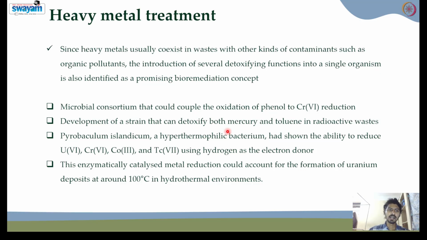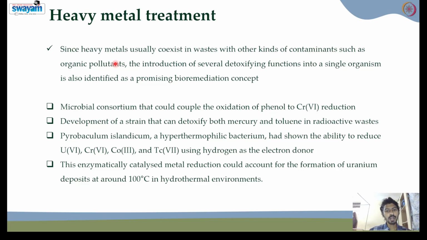So if you see the heavy metal treatment, as we have discussed different strategies, mainly in the cleaning up of metal or radionuclide pollution from the soil, water, or any industrial wastewater, they use these kinds of strategies like biomineralization, bioreduction, bioleaching, etc. These heavy metals normally coexist in the waste with other kinds of pollutants such as organic pollutants. So in real-time wastewater, the presence of heavy metal is inevitable.